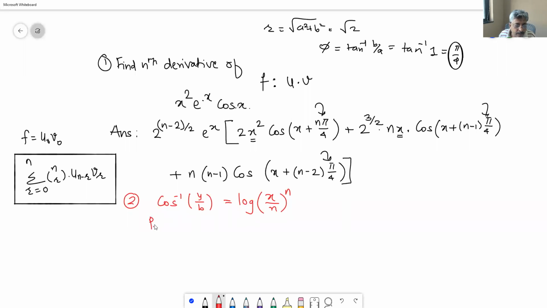Prove that x y n plus 2 plus 2n plus 1 x y n plus 1 plus 2n square yn is equal to 0.